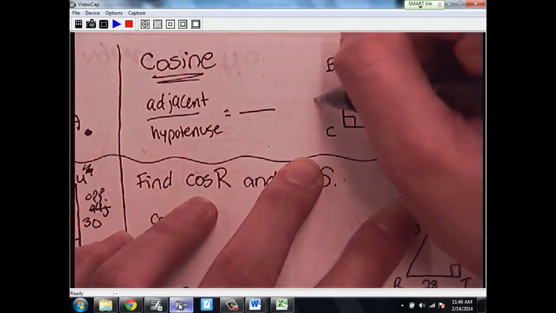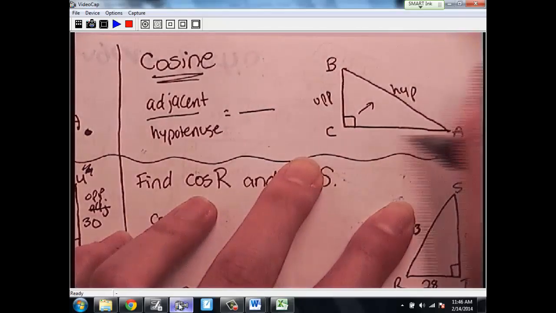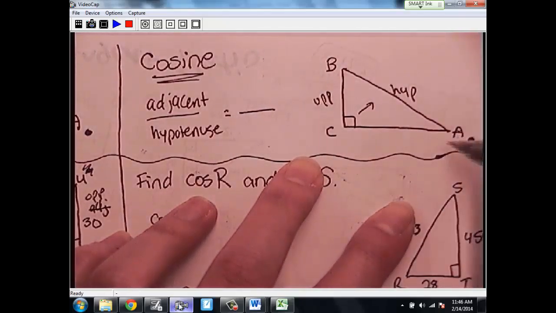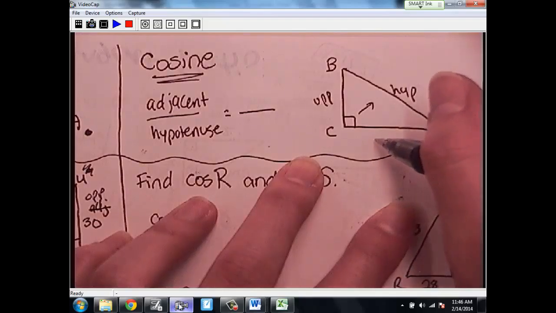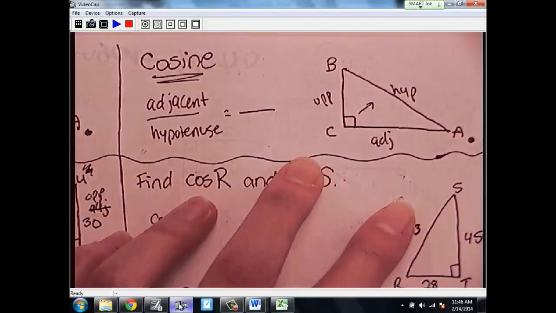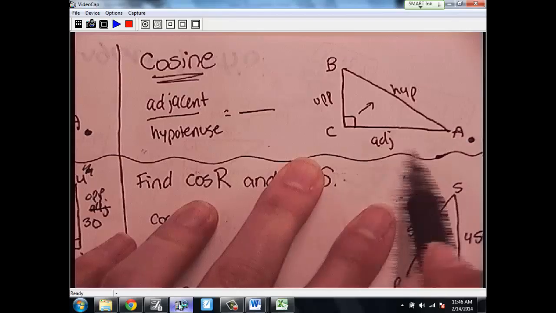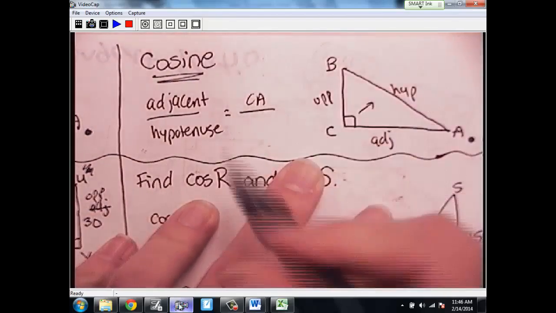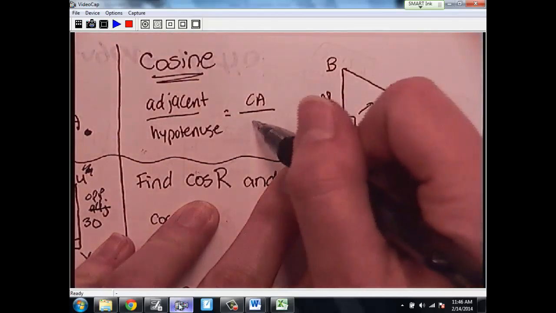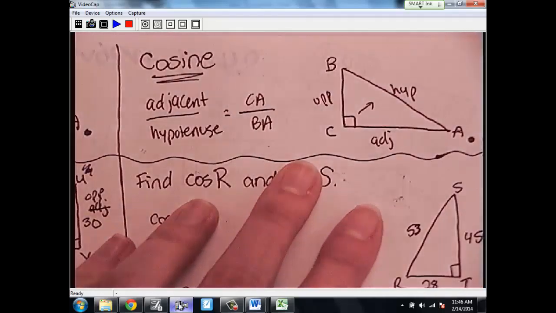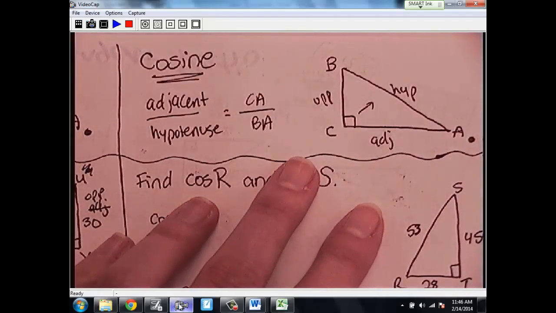Across from A, opposite of A, is this side. And the adjacent side, the side right next to A, that helps form angle A, this is called adjacent. So the adjacent side, we name it as CA. The hypotenuse is BA. If you flip those letters around AC and AB, that's okay.